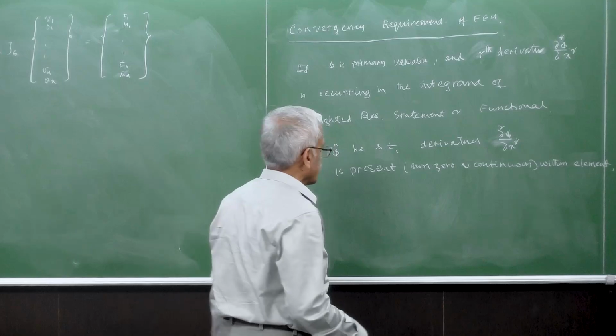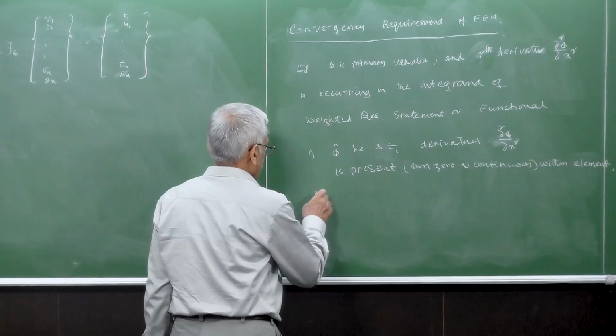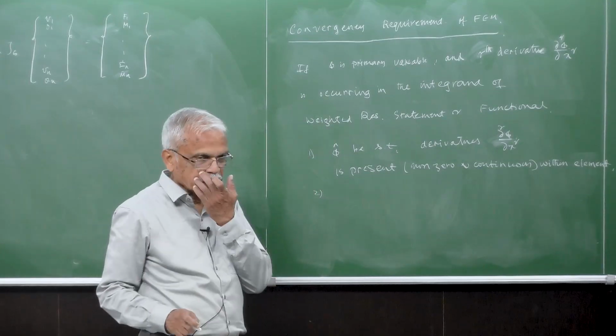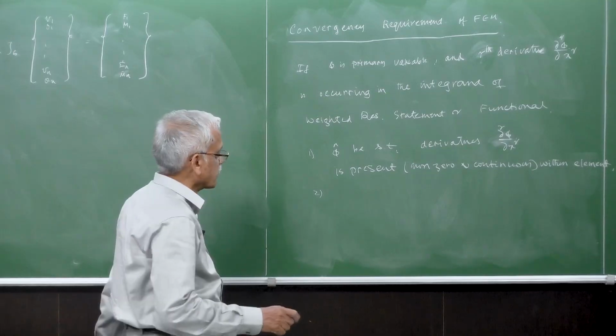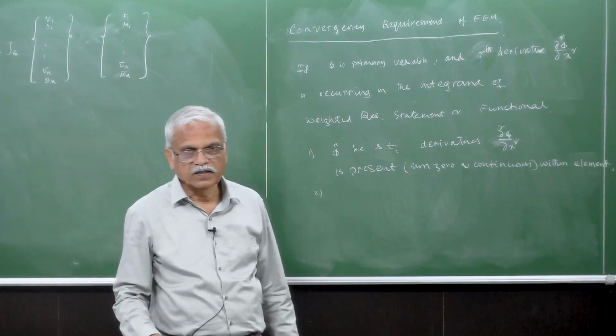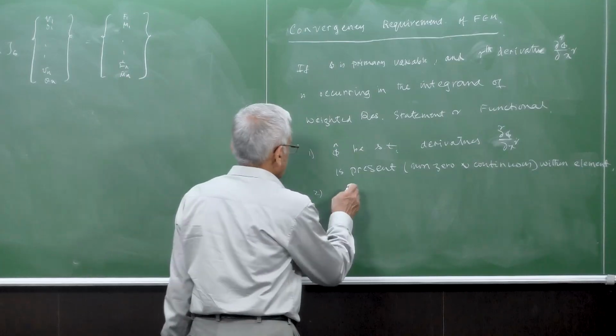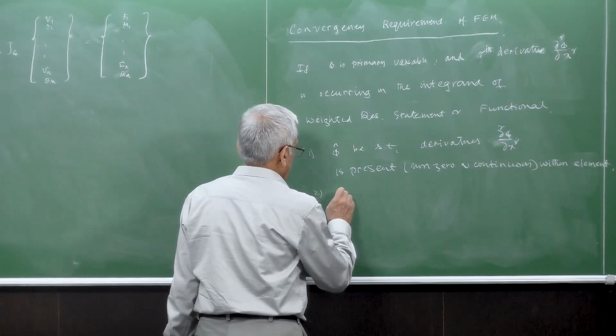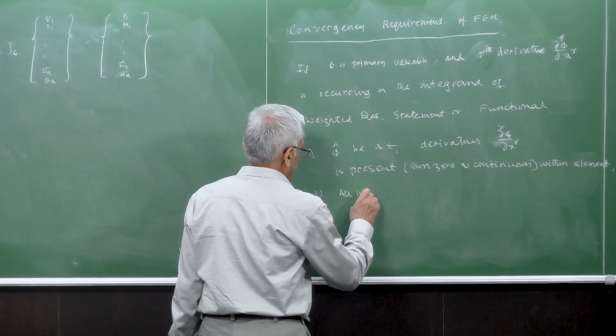And then we should also make sure that the polynomial, whatever you approximate here, should have all the constant derivatives.